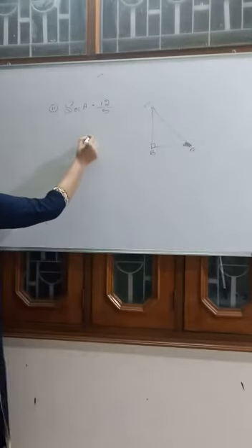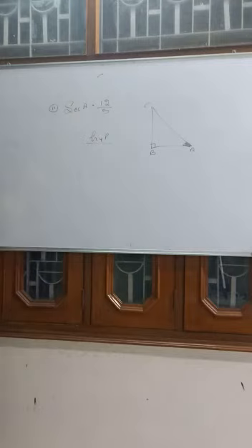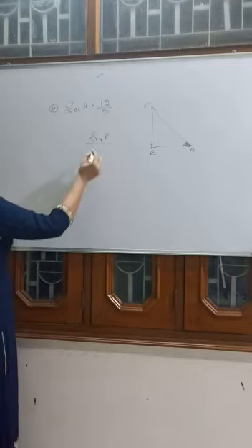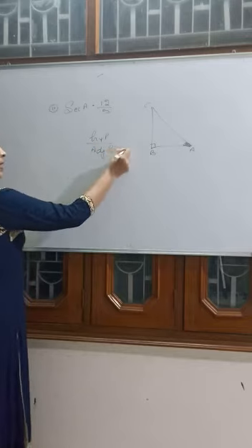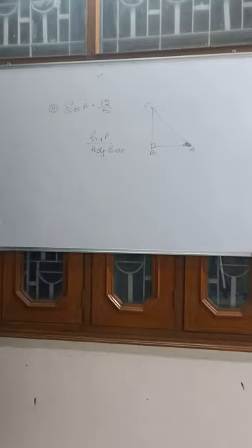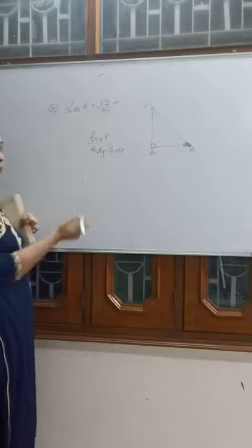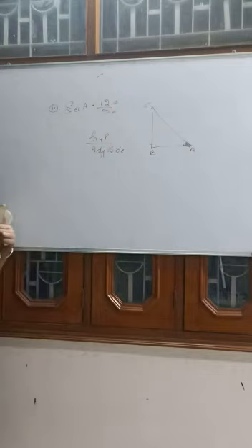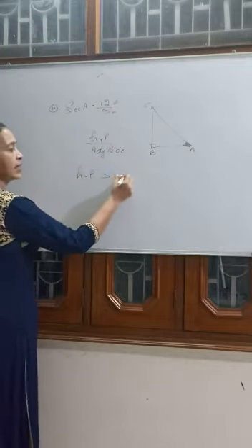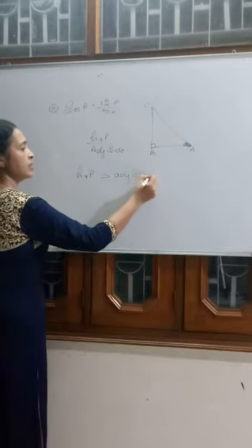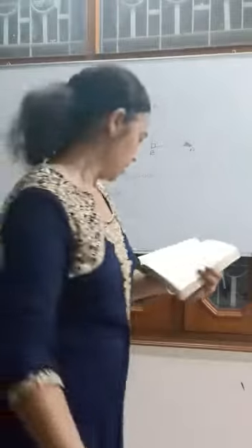Sec A is the reciprocal of cos, hypotenuse upon adjacent side. And we all know that hypotenuse is the longest side. So hypotenuse will always be greater than adjacent side. Therefore, it is false. Got it? Next, part 3.